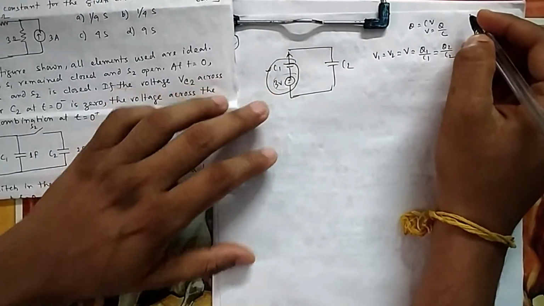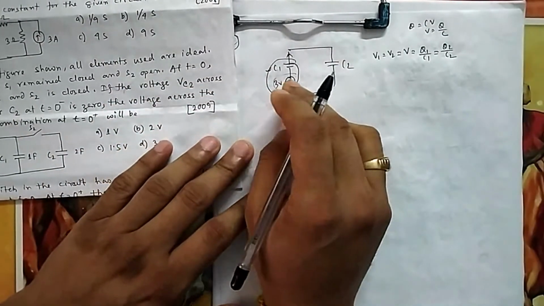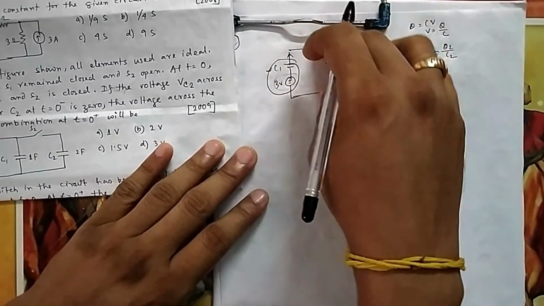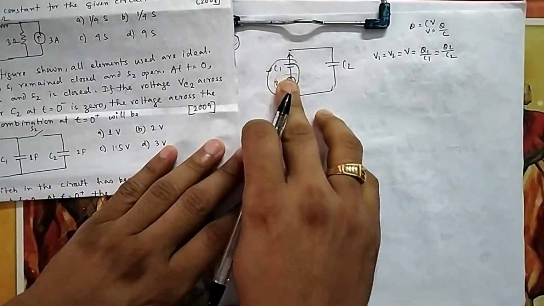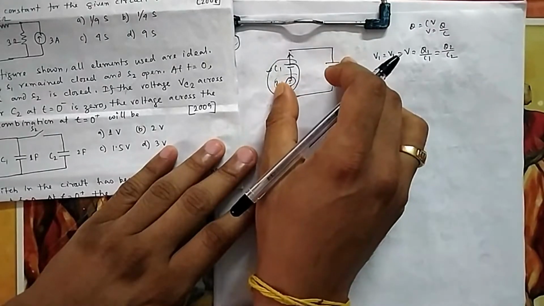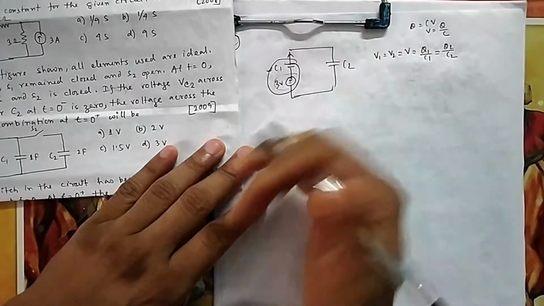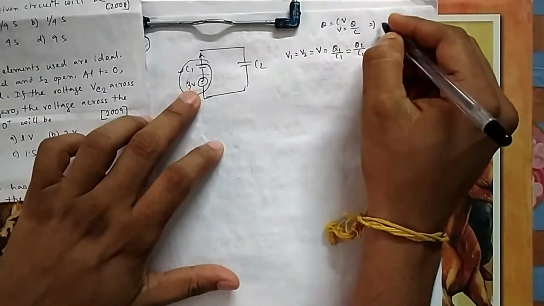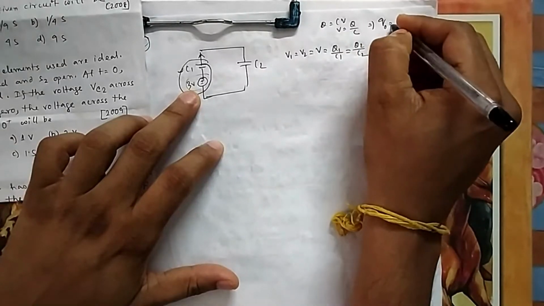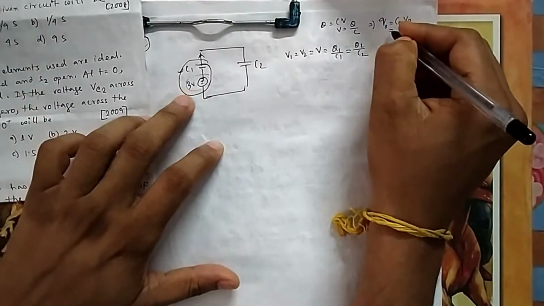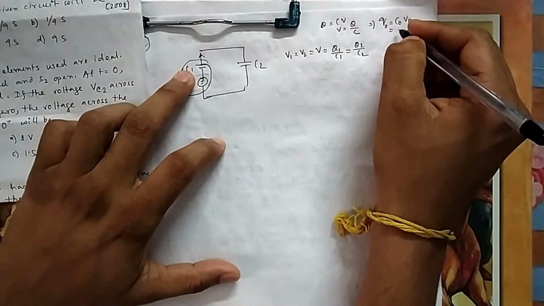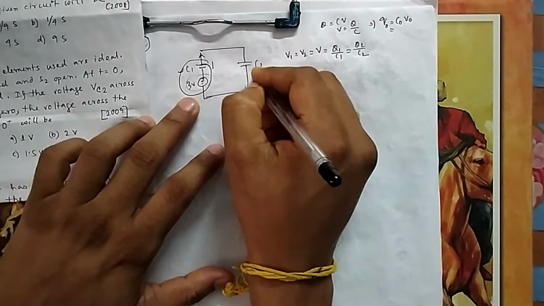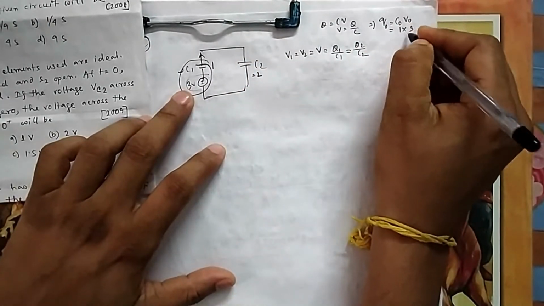The voltages V1 and V2 should be equal because they are connected in parallel. The sum of the total charge will be the initial charge only, because charge does not come from outside. The initial charge Q0 equals C0 V0, where only this capacitor C1, 1 farad, was charged, so 1 into 3, which is 3 coulomb.